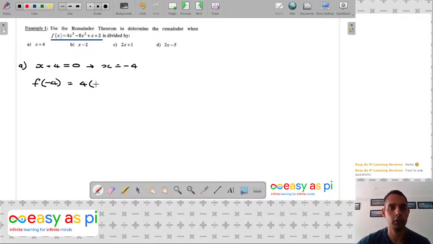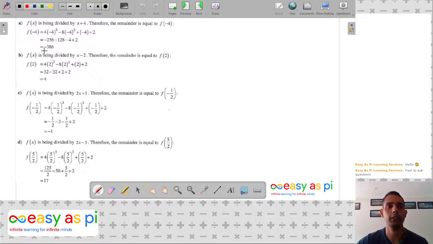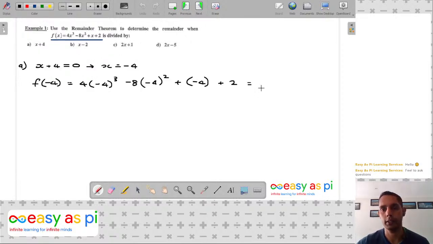So this becomes 4 into minus 4 all cubed minus 8 into negative 4 all squared plus negative 4 plus 2. If you work this out correctly, just for the sake of speed, you get minus 386. So nothing too difficult about that.